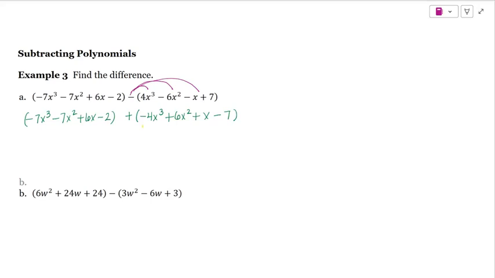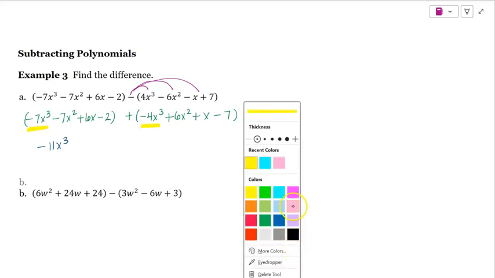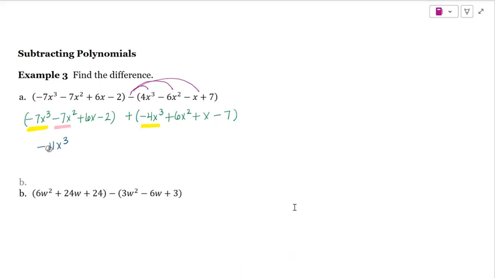We've got two terms that are cubed. A negative 7x cubed minus 4x cubed, that's going to end up being negative 11x cubed. Then I have two terms that are squared. A negative 7x squared plus 6x squared is a minus x squared.